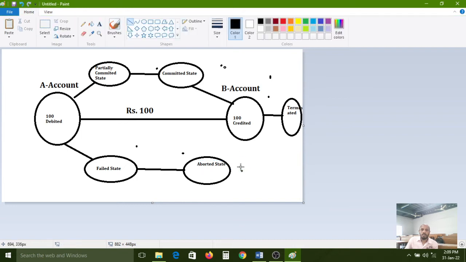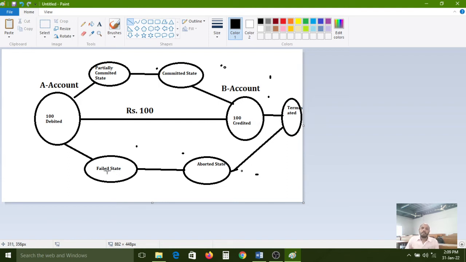So finally we get the terminated state from the aborted state. Carefully observe. If the transaction is successful, then 100 rupees is credited from A account to B account. And in B account's bank statement, is the 100 rupees credited data visible or not? Yes, that is visible. Then only we can find out the transactions.